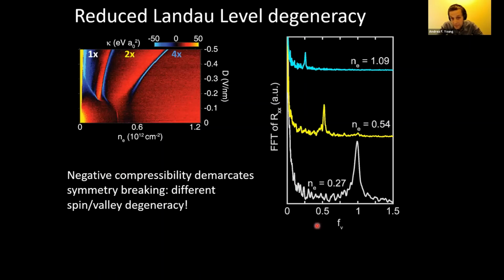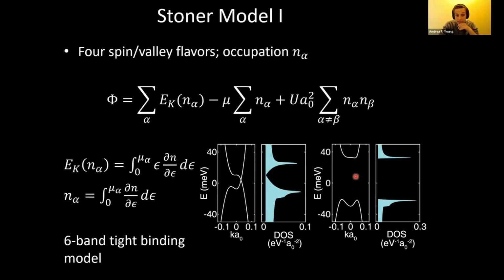That just means you have 4 Fermi surfaces that have the same volume. Then in this intermediate region, you have a peak at 1/2. That's now telling you that you've lost one of the spin and valley degeneracies. So now you have 2 Fermi surfaces. And at low density, you have 1. So basically, each of these lines is a phase transition between regions of different Landau level degeneracy.